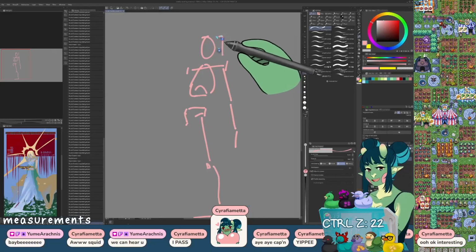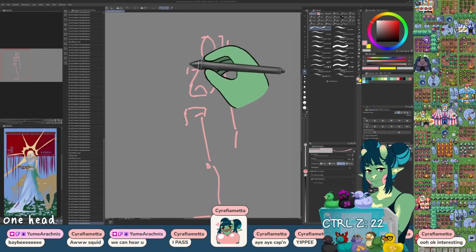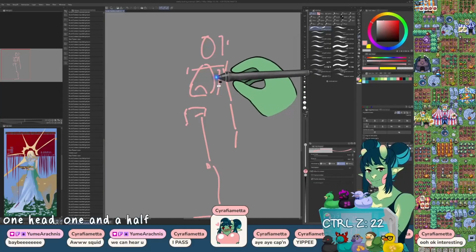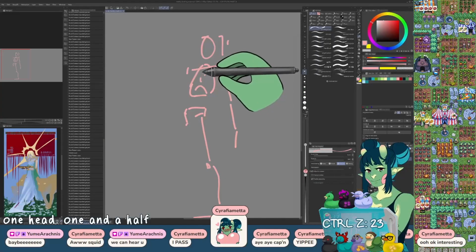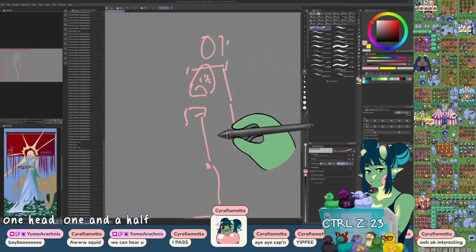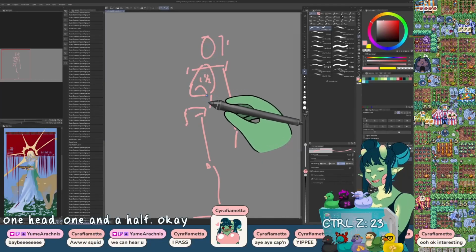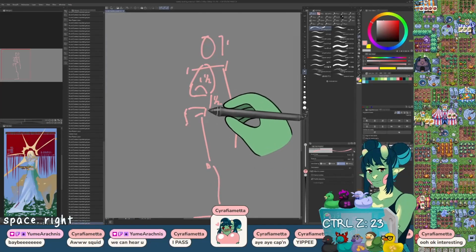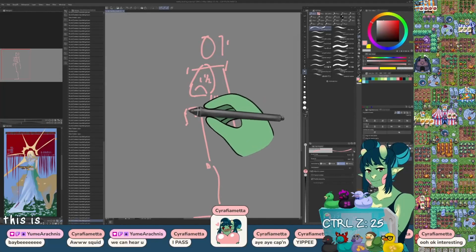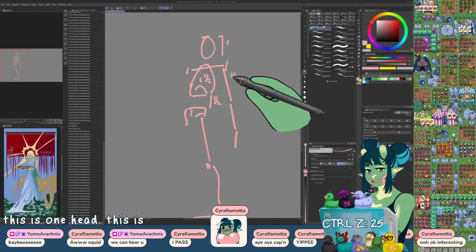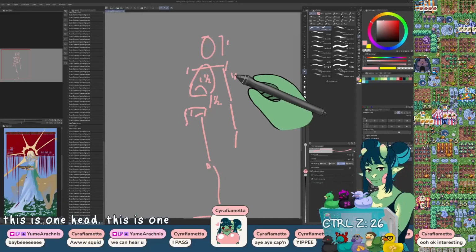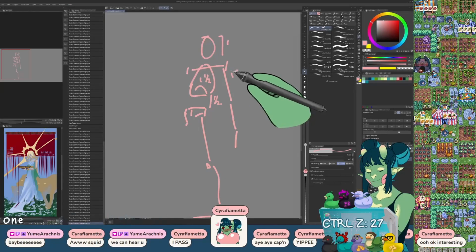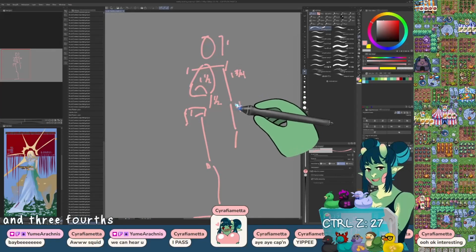So, measurements. 1 head. 1.5. Okay? Like half a head length space. Right? And then this is 1 head. This is 1 and 1 3/4. 1.5.